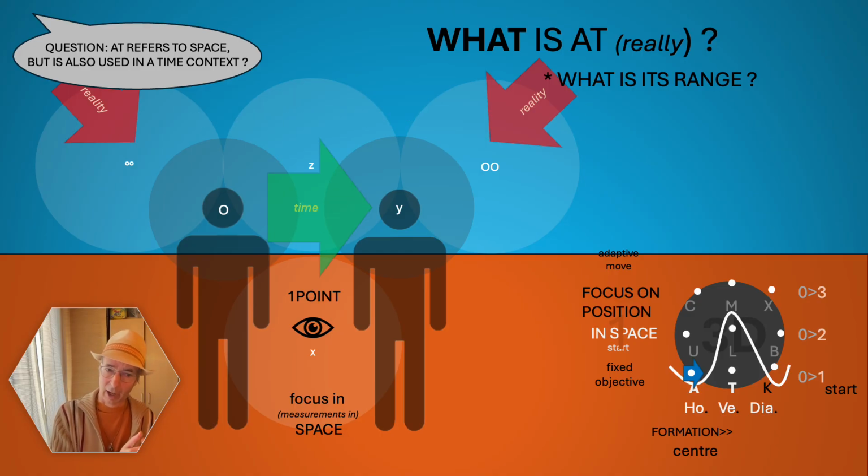What we need now, and that's what I'm going to explain even better, is only this focus into one point. Basically, focusing into one point is like the measurement in space, finding measurements in space, because that's how that works.